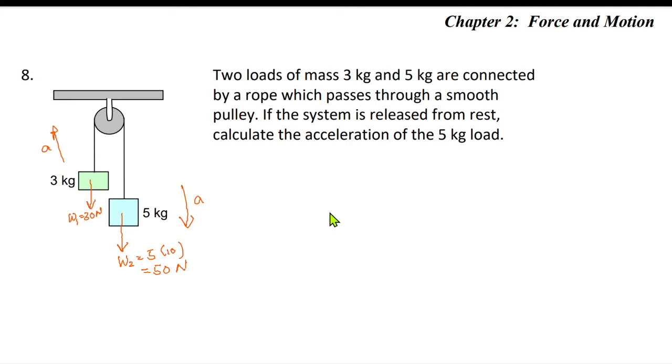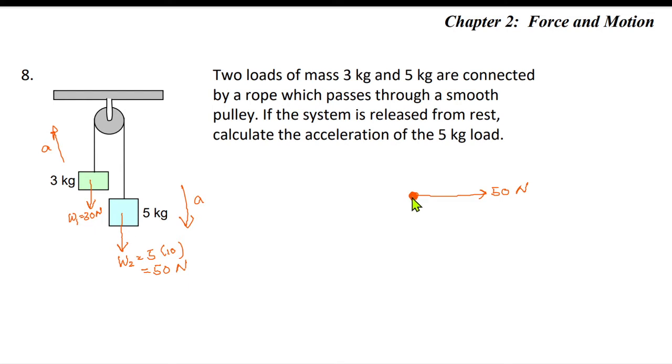So how do we go about solving these problems? Okay, so we draw our free body diagram. This is the system. So I'm going to straighten the rope. The 5 kilogram is moving this way. The 5 kilogram will exert 50 Newton.